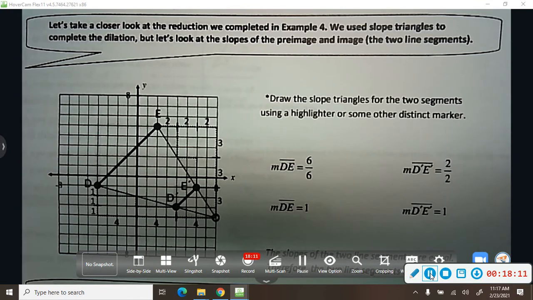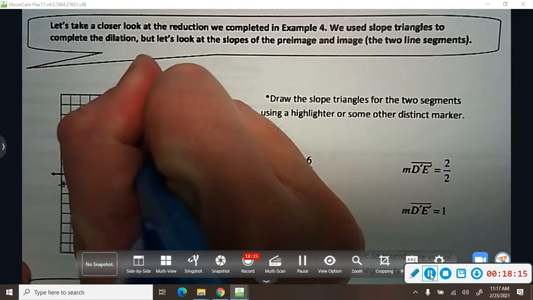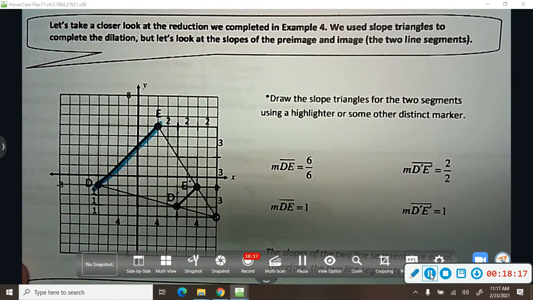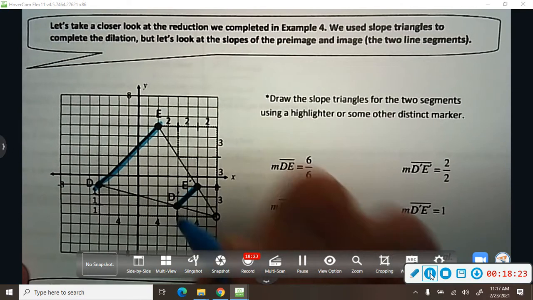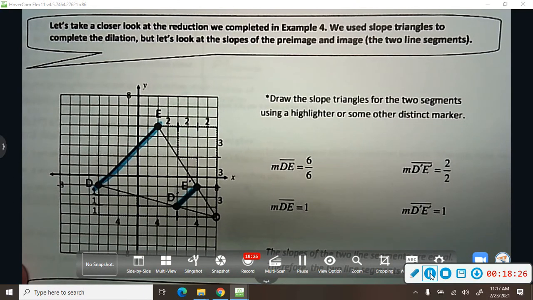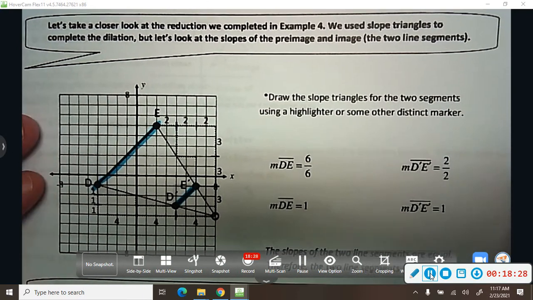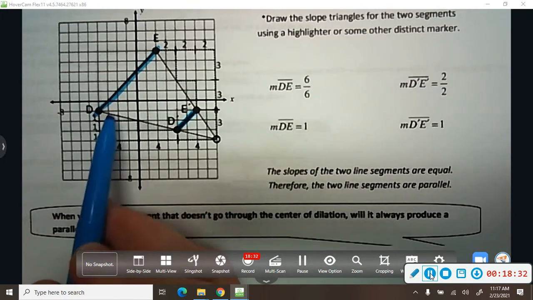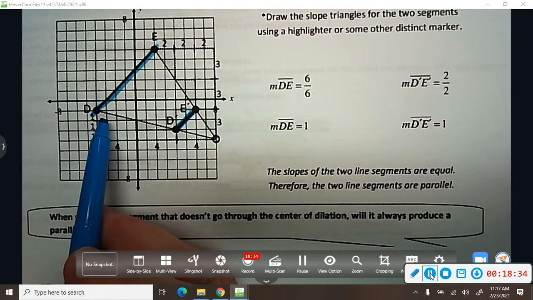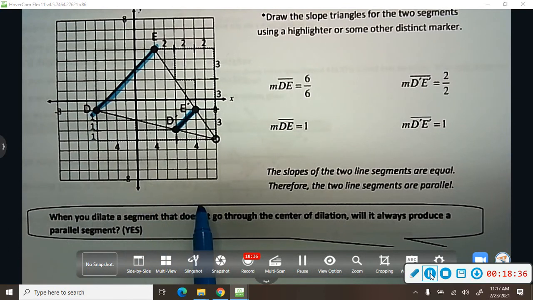Alright, on this problem, we did this in the practice where we took DE and then we scaled it down using this as the center to get the image DE. And I just want you guys to notice this here at the bottom, that if you dilate a segment that doesn't go through the center of dilation, then it always produces a parallel segment.